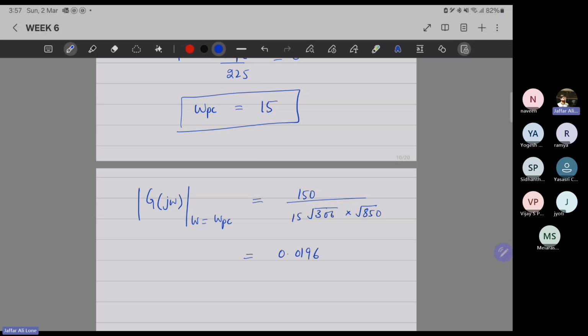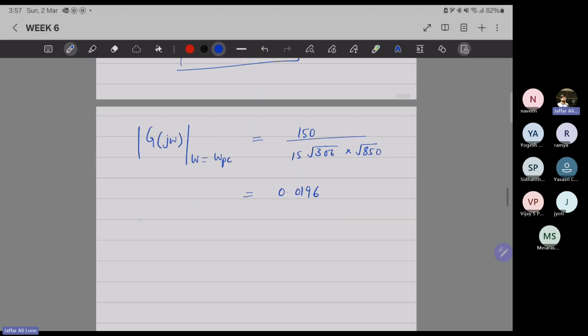I skipped the calculation because you just have to take the magnitude. It's very simple. Now I know the gain margin is 1 over this magnitude. I'll write it directly in decibels: 20 log of 1 over 0.0196, which is 34.1 decibels.